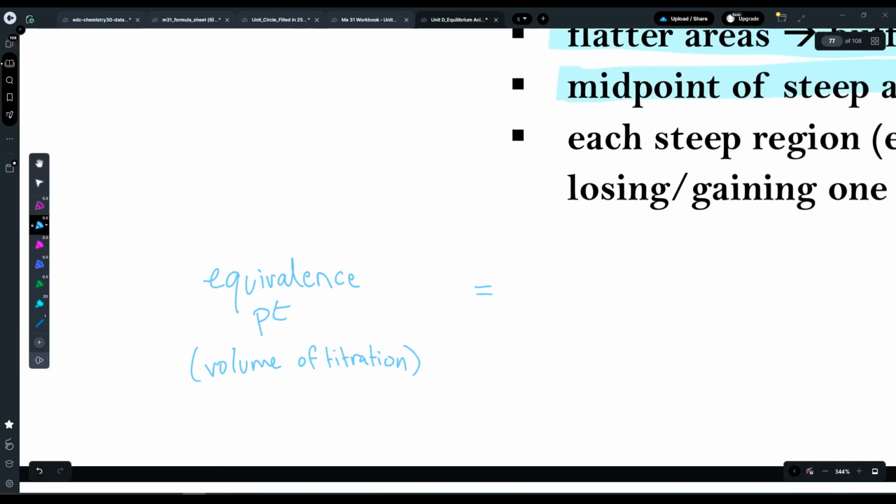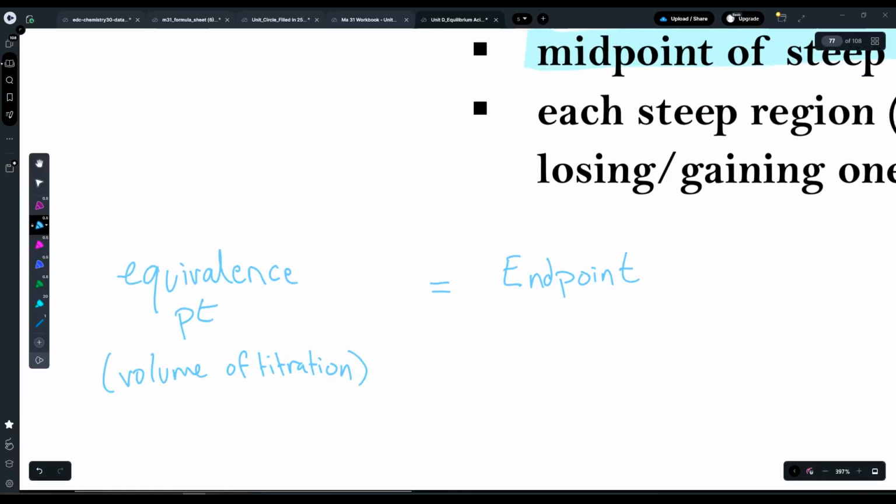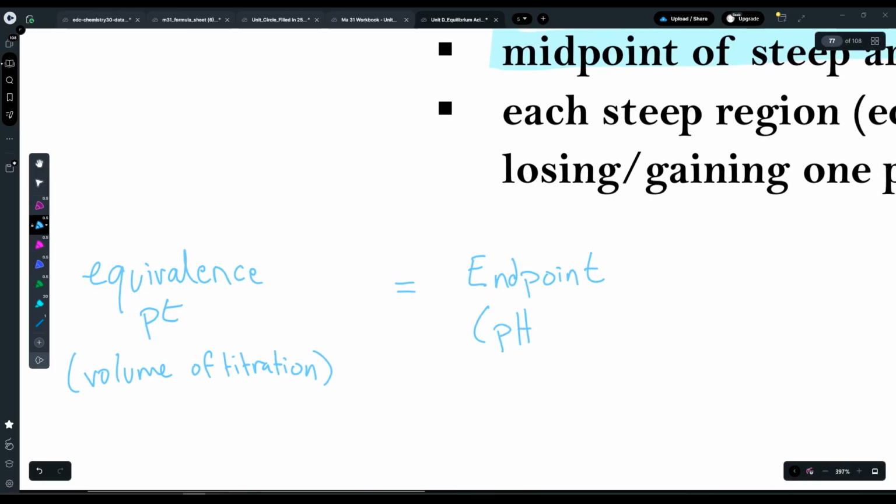Again, for the purposes of this class, we'll say that the equivalence point happens at the same time as the endpoint. However, the endpoint is going to refer to the pH of the solution, and the endpoint also occurs when your indicator changes color.